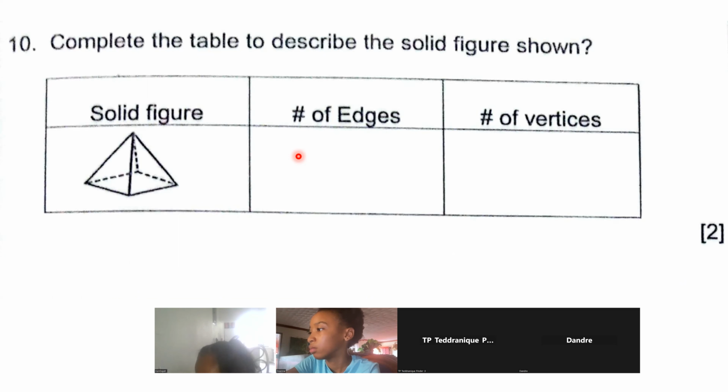Number of edges, number of vertices. Vertices, not verticals. Sorry, I remember how to do this.